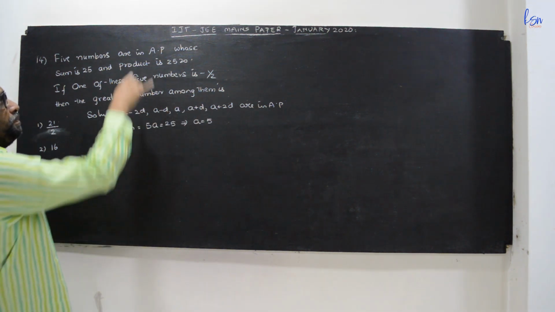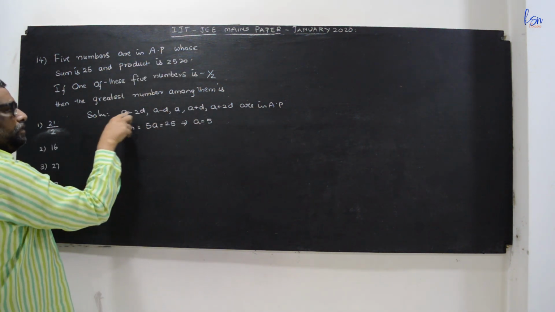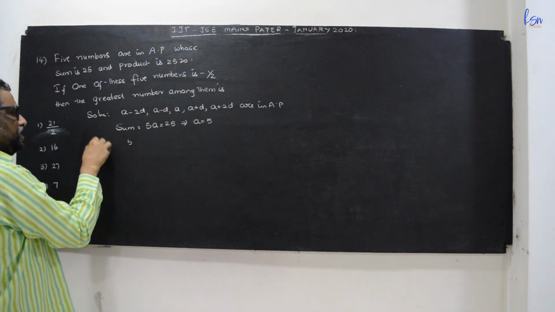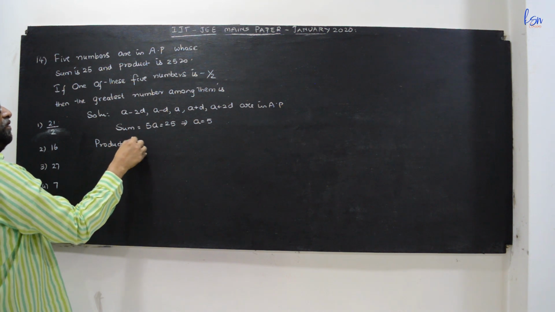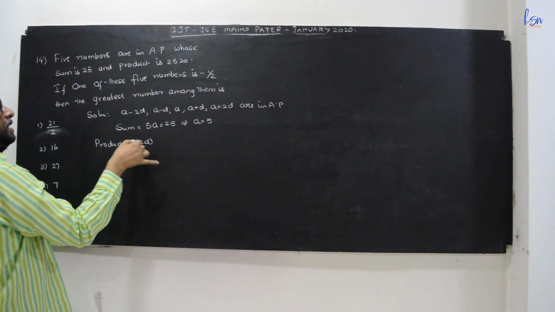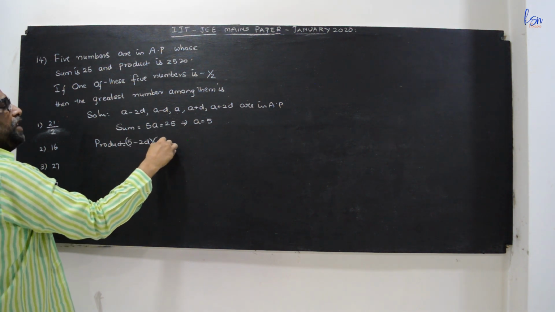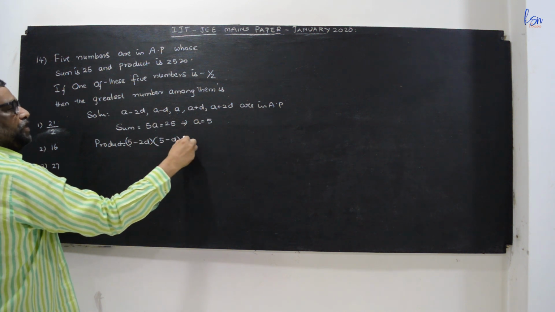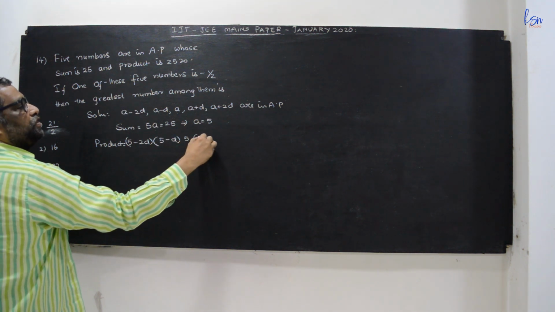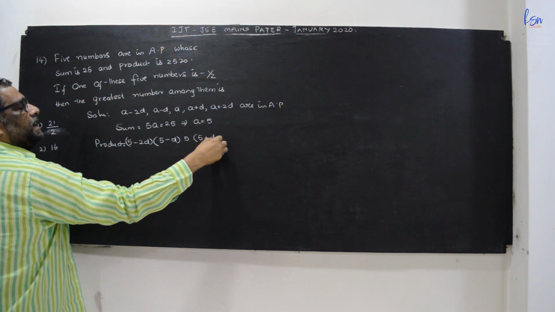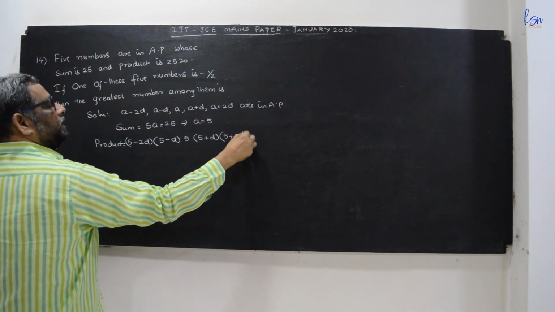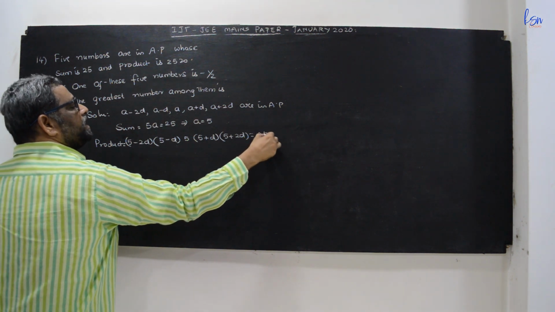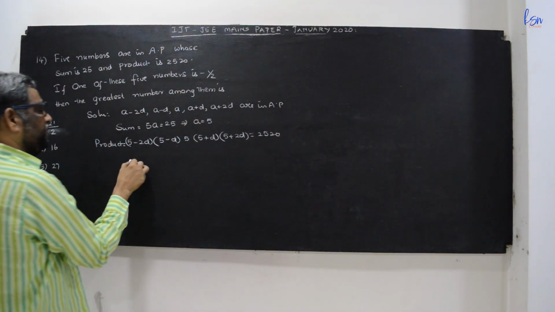Their product is 2520. So product is equal to 5 minus 2d into 5 minus d into 5 into 5 plus d into 5 plus 2d is equal to 2520.